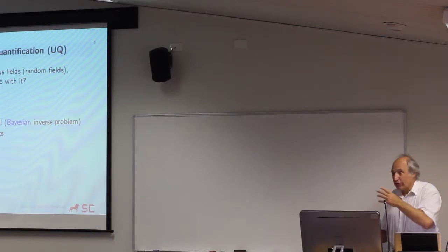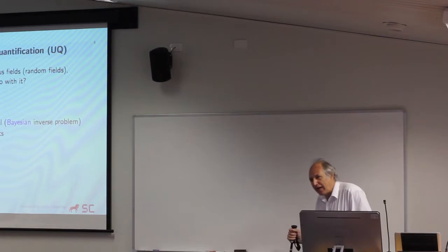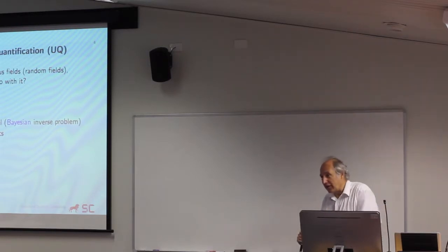Then once you can do this, you can also use it to identify unknown parameters in your model. There may be some parameters which are not observable, which you'd like to know. One might be the connectivity, for instance. You might go out and do measurements, let's say in this example you drill holes, measure the hydraulic head, and then from that you try to infer what the connectivity really is.